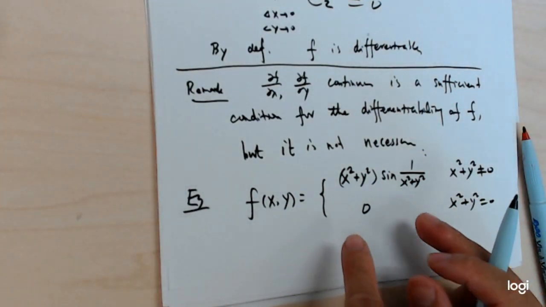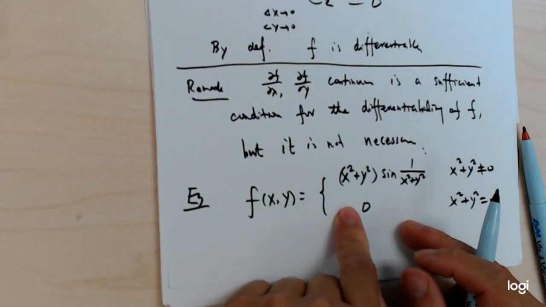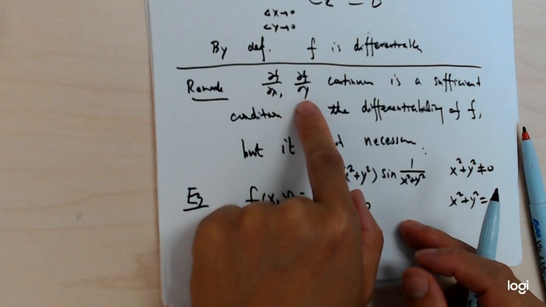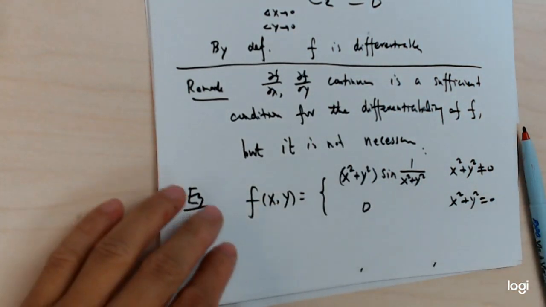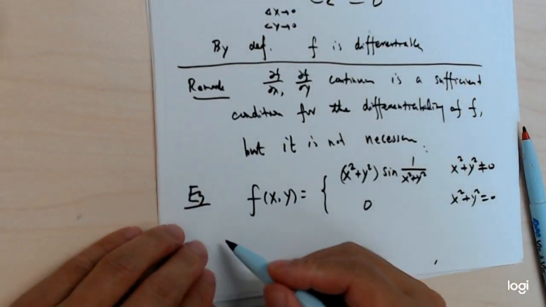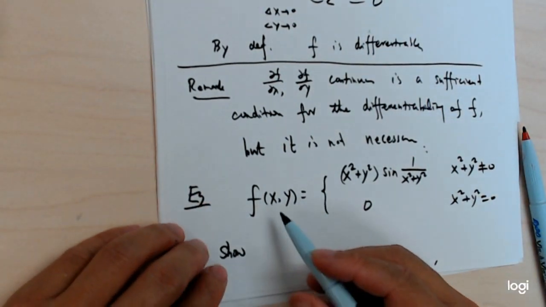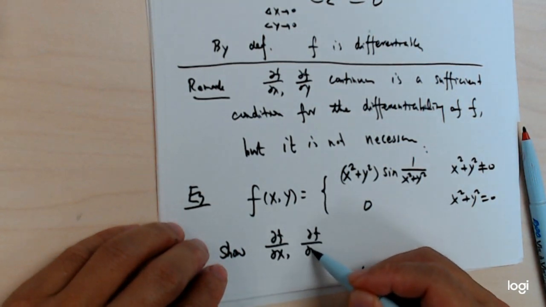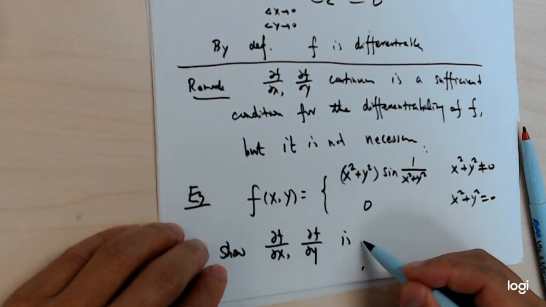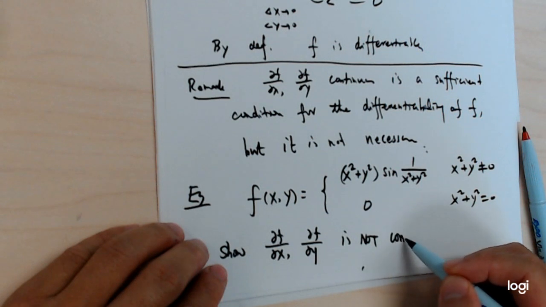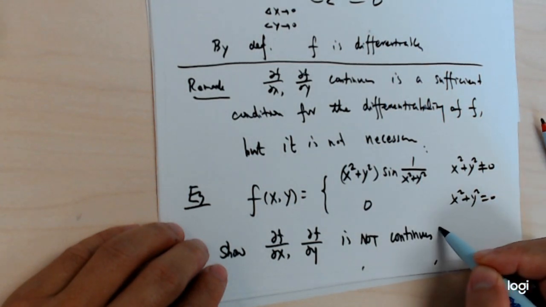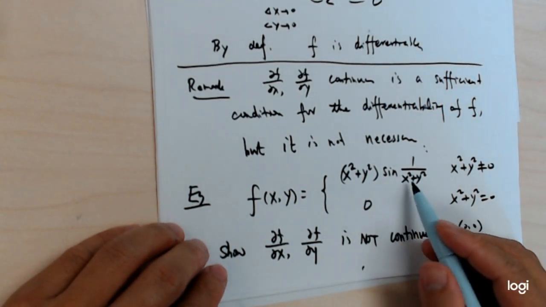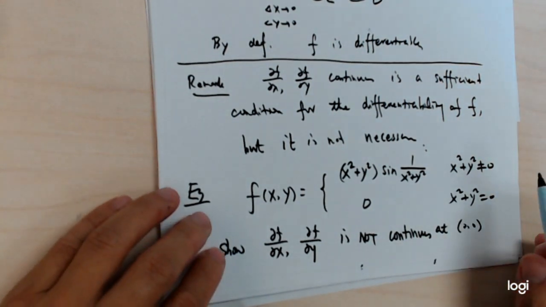I will show you that this is differentiable, but the partial derivatives are not continuous at 0, 0, okay? Because everywhere else, you probably notice it's going to be continuous.